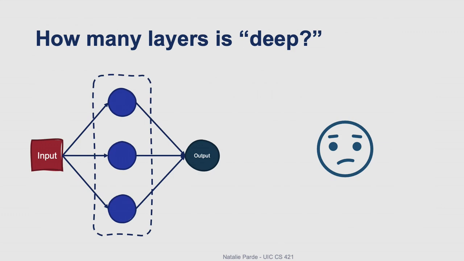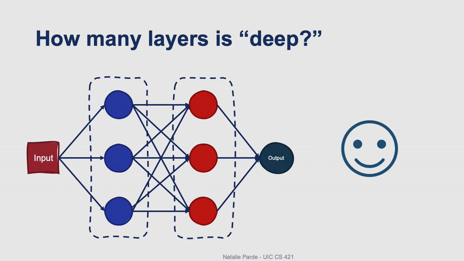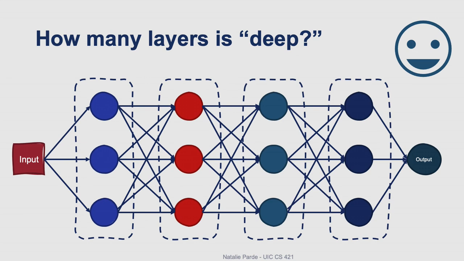It's hard to define how many layers deep really is. The network you see here probably wouldn't be considered deep because there's just a hidden layer and an output layer. But the network you see here might be considered deep, and the network you see here would definitely be deep. In reality, some modern neural networks have even way more layers than this.